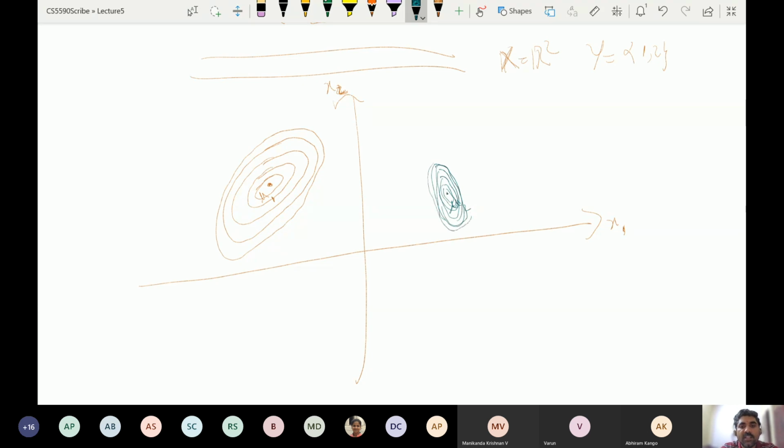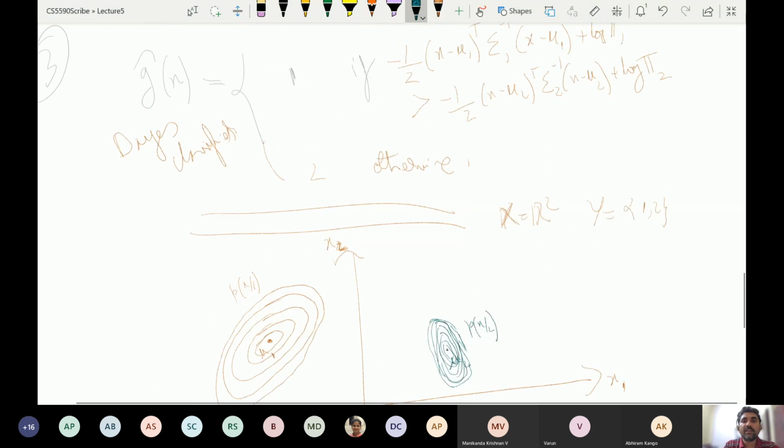So it is a highly pointed bell curve, while the other bell curve is flatter. Let's consider this situation. This is P of x given 1, that's the visualization, and this is P of x given 2.